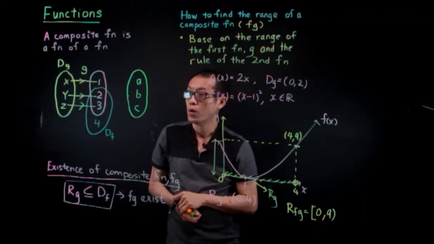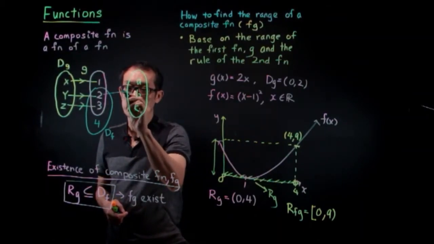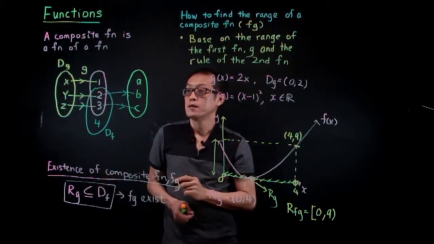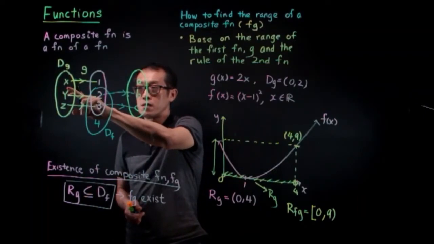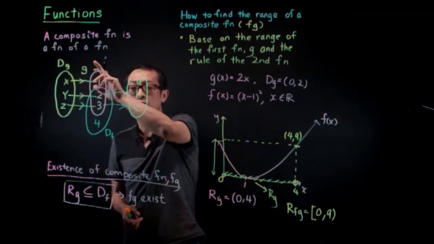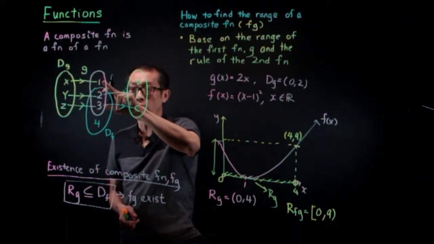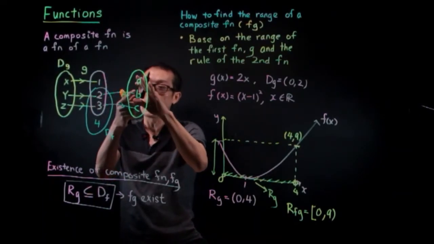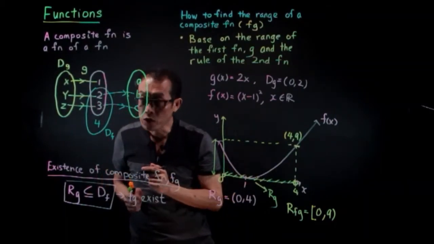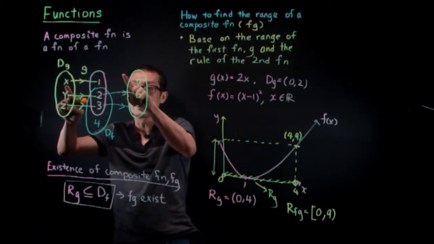Now you look at this. x is the domain of g and is also the domain of fg. And then it is mapped onto 1. But 1 is stuck over there. You cannot map onto anything else because the domain of the second function does not include 1. So this x does not have any image in the end.